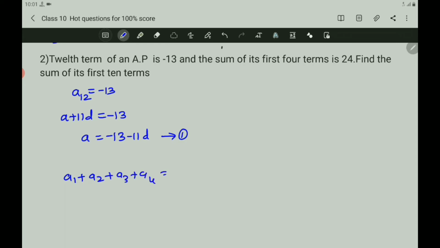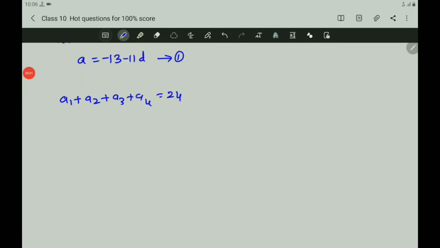So you can write A1 plus A2 plus A3 plus A4 equals 24. A1 is a, A2 is a plus d, A3 is a plus 2d, A4 is a plus 3d.